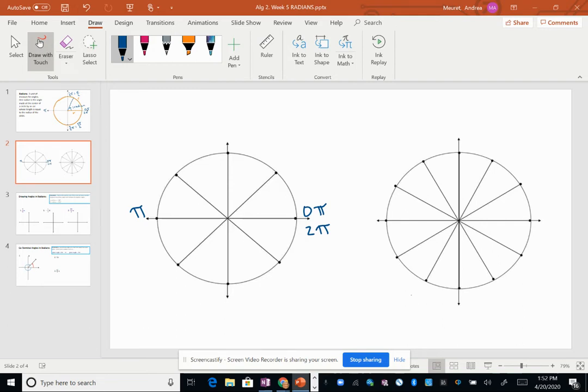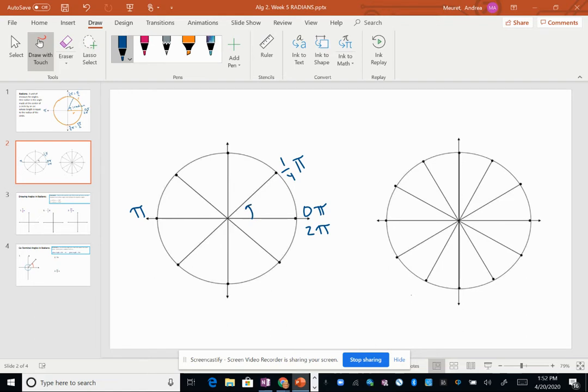So then I look at, well, how many spaces are there between 0 and pi? And I notice there are 4, which means each stop along the way is 1/4 of pi. So this angle here is at 1/4 of pi. So that would be the measurement of the central angle there.